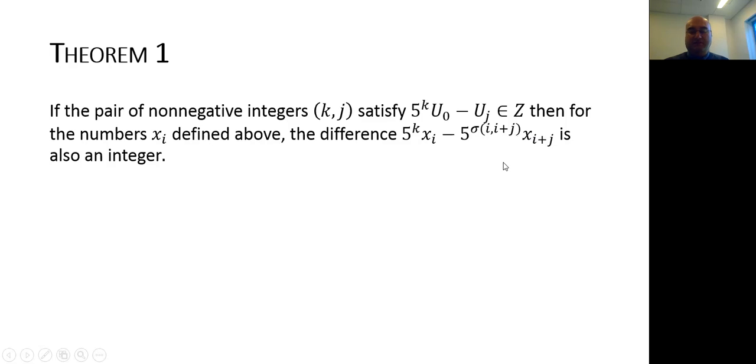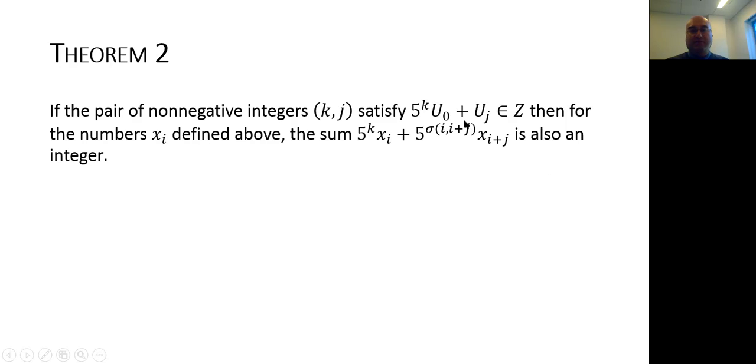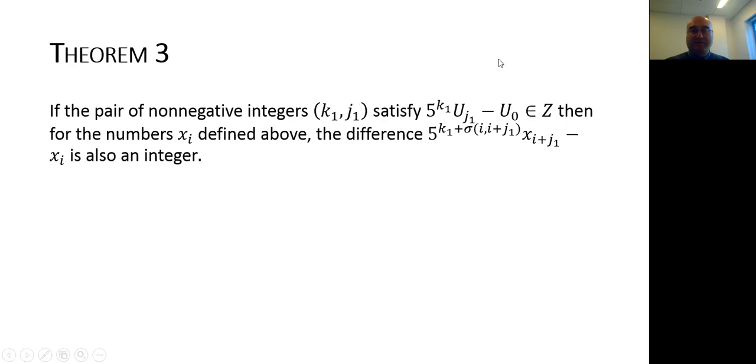So this is an interesting result. Essentially this says that the xi have the same kind of property of being integer in differences as the original numbers u0, ug. There is a similar result for the plus case. Similar, but this time the places of u0 and ug1 are changed.